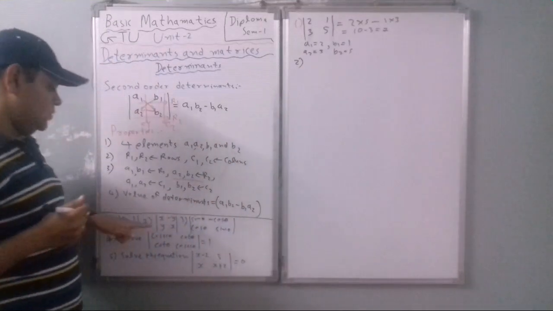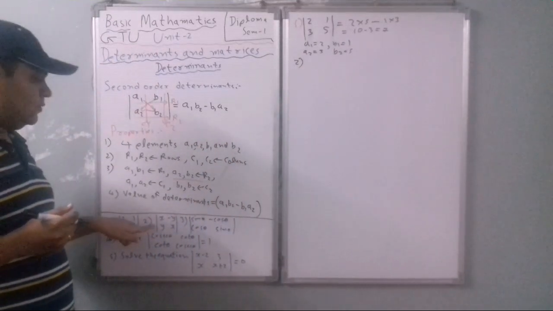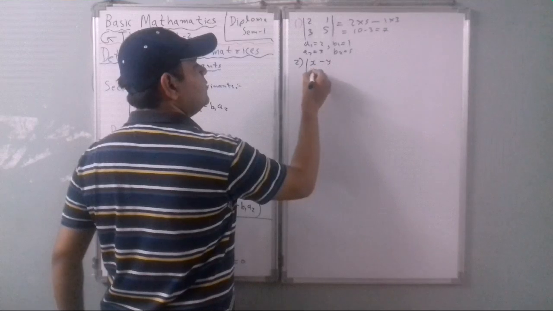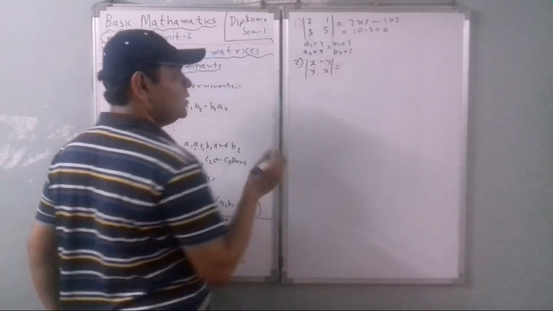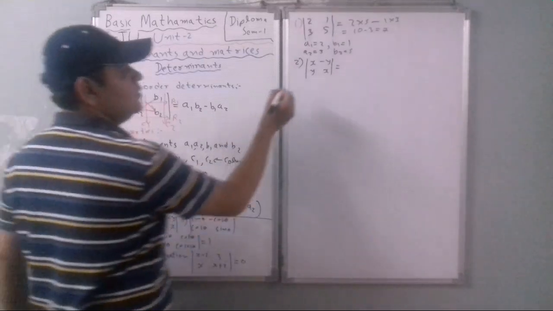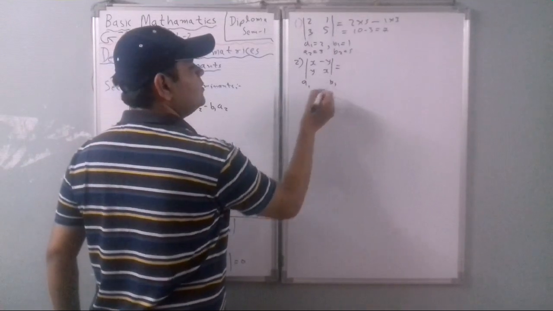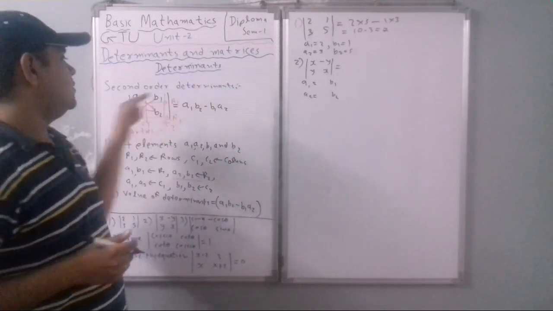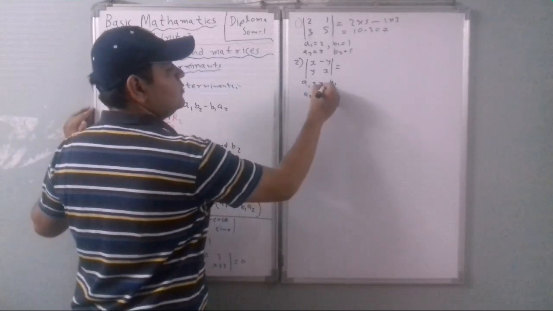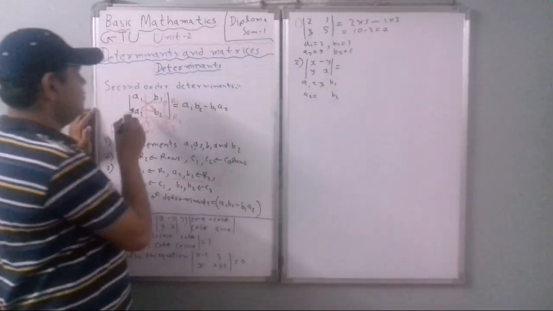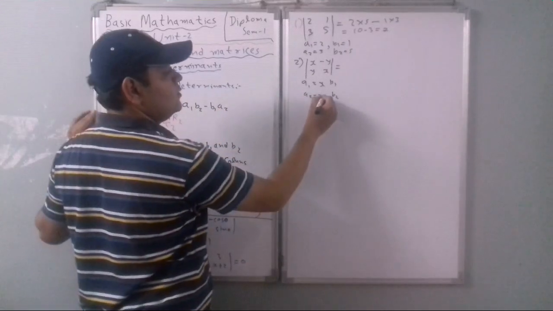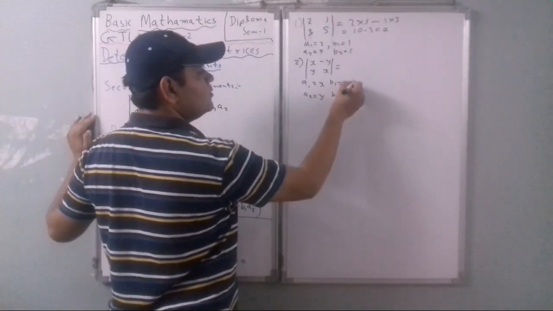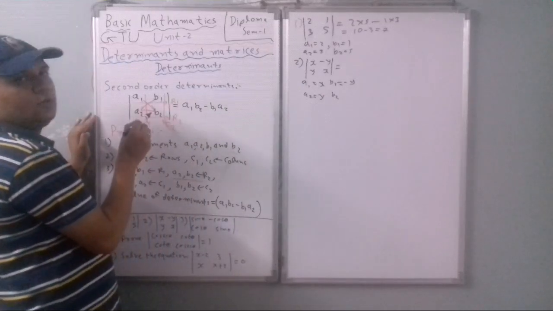Second example: x minus y, y, x. Same for finding this, A1, B1, A2, B2. Here A1 is x, A2 means y, B1 means minus y, and B2 means x.